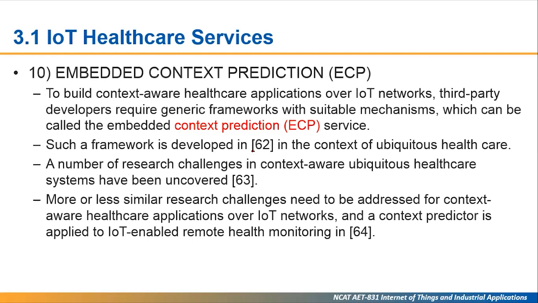A number of research challenges in context-aware ubiquitous healthcare systems have been uncovered in the literature. More or less similar research challenges need to be addressed for context-aware healthcare applications over IoT networks, and the context predictor is applied to IoT-enabled remote health monitoring.